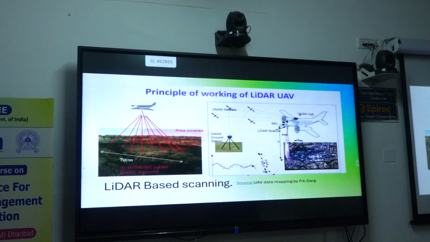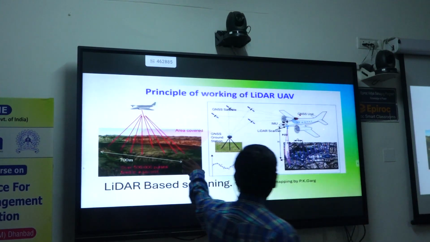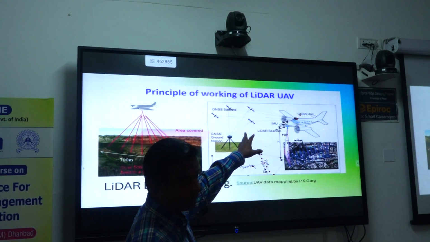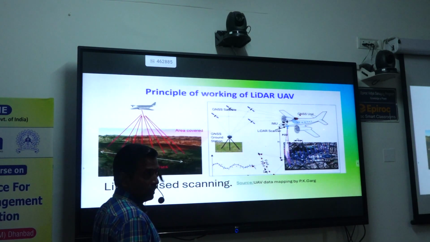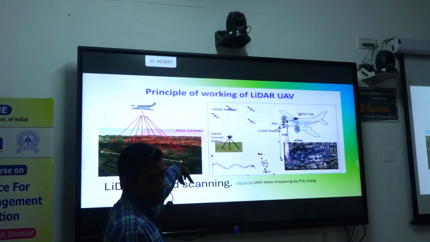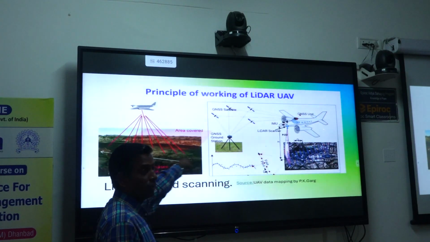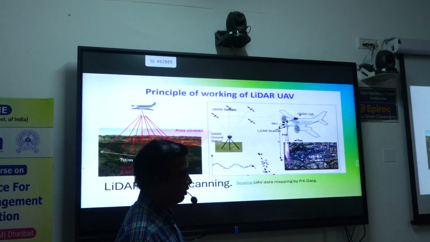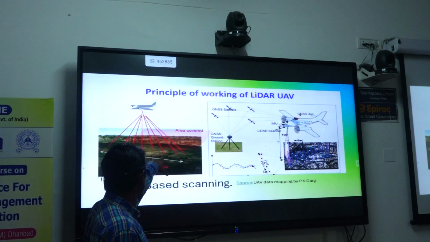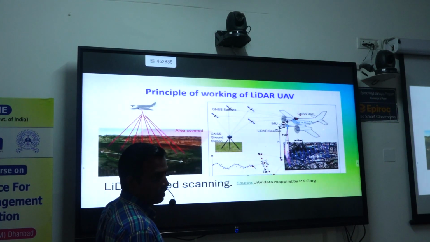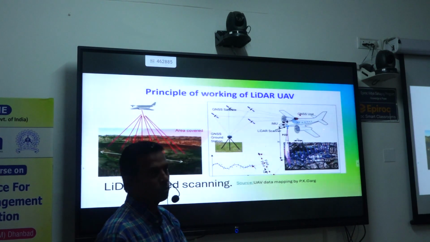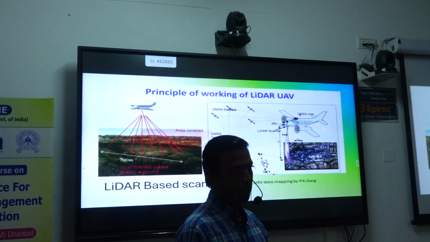But in case of the radar, the advantage we get is that it will scan the entire area with a number of laser beams. For each and every laser beam, point cloud data is collected. Here 1, 2, 3, 4, 5, 6, 7, like this 10,000 lasers are there, and 1,000 point clouds are collected at a time.